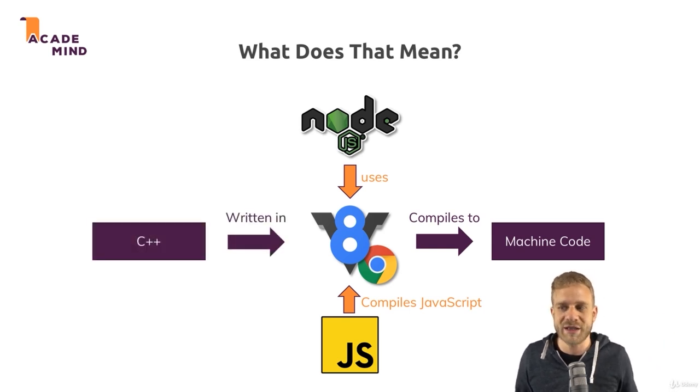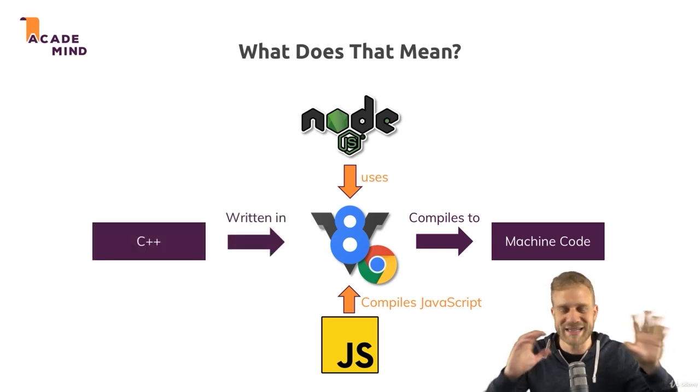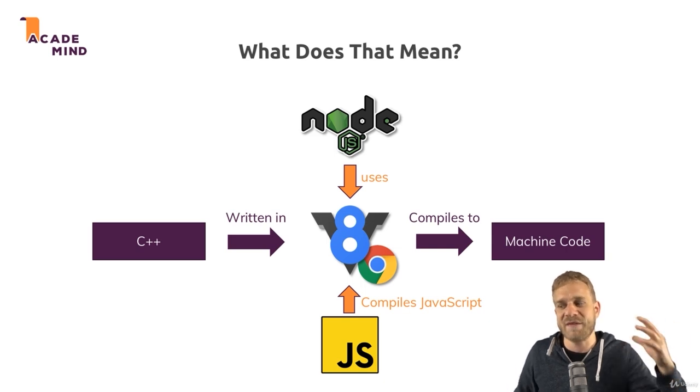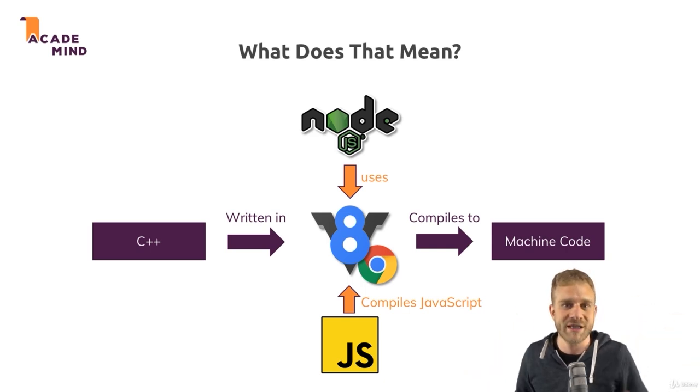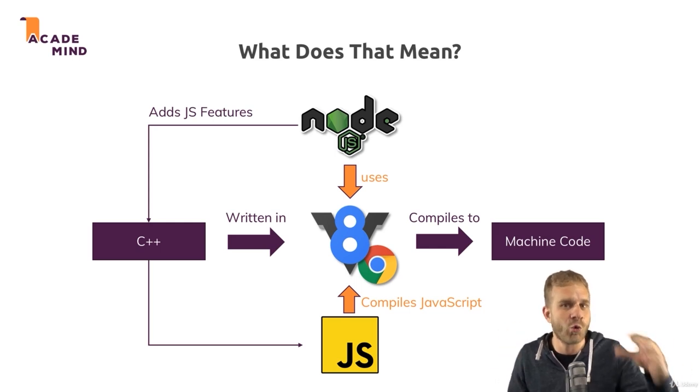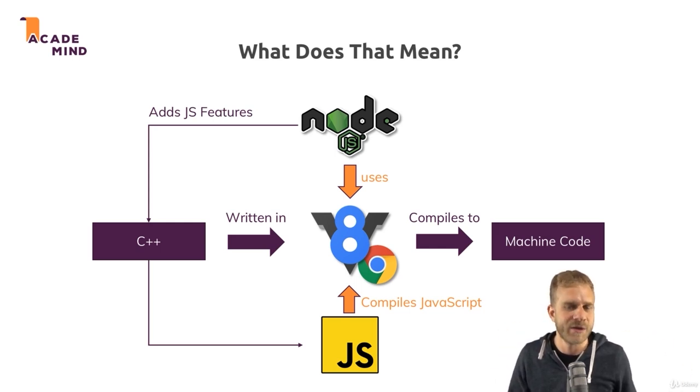V8 itself is written in C++, but that doesn't really matter too much for you. You don't need to write any C++ code to use JavaScript or Node.js. But Node.js basically takes that V8 code basis, which is written in C++, and adds certain features, like, for example, working with your local file system, opening files, reading files, deleting files.